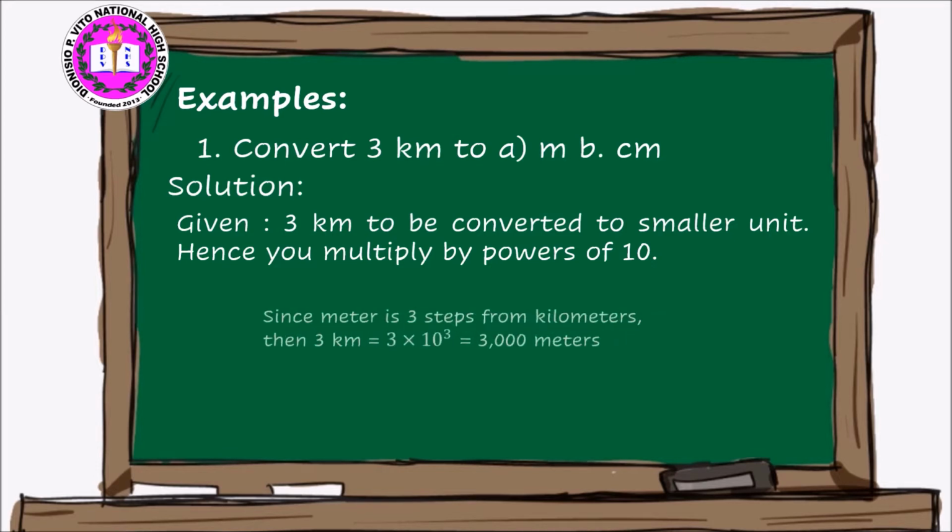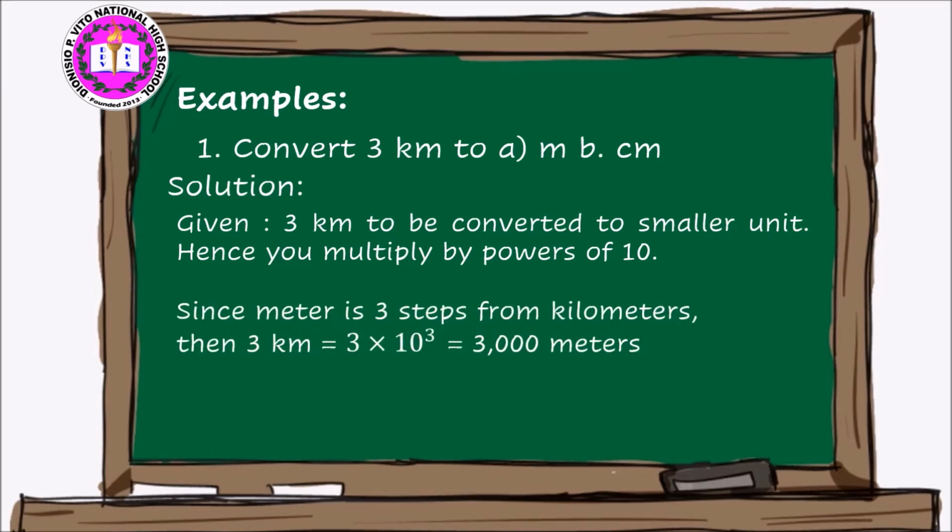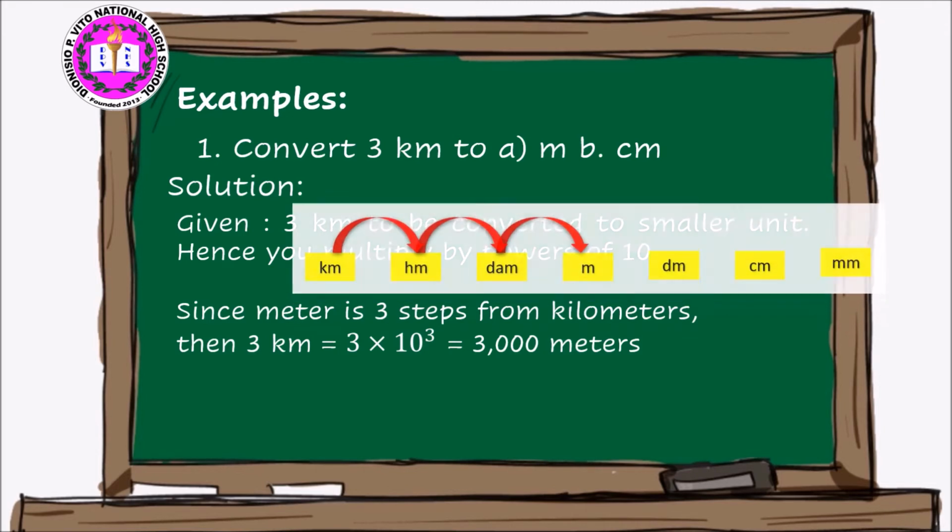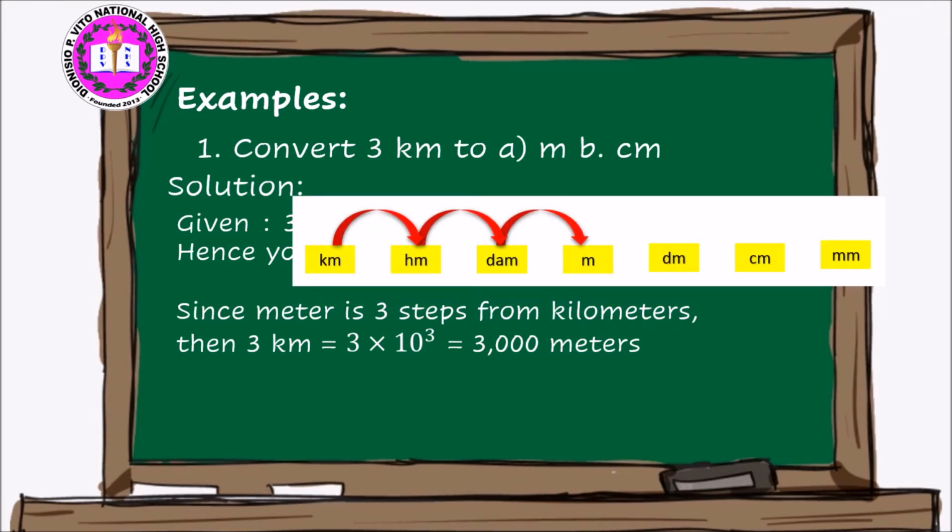Since meter is 3 steps from kilometer, as you can see in the diagram, 3 kilometers is equal to 3 times 10 cubed, which is equal to 3 times 1,000, or 3,000 meters. Therefore, 3 kilometers is equal to 3,000 meters.